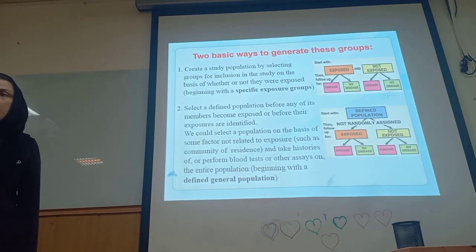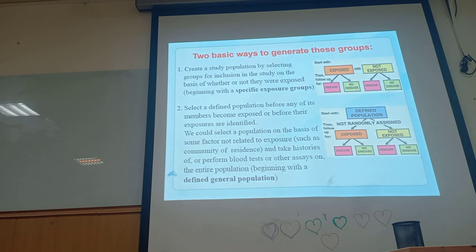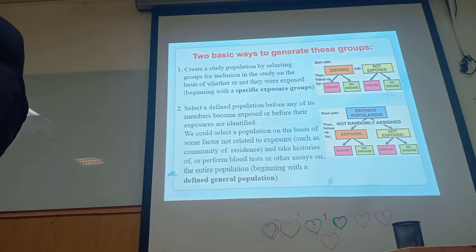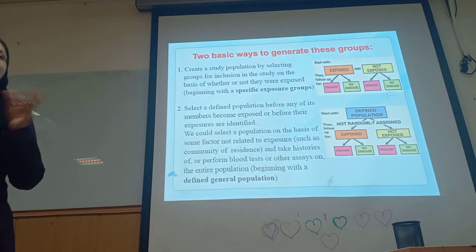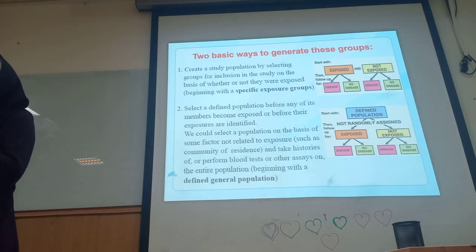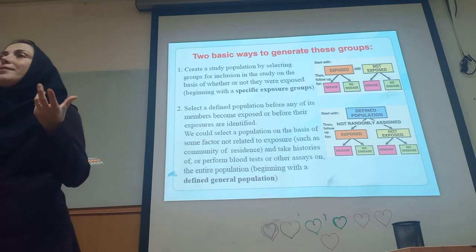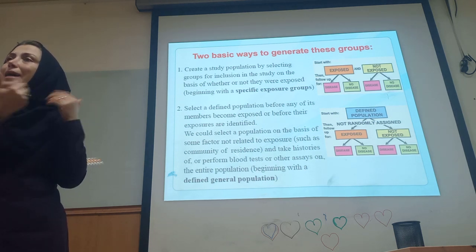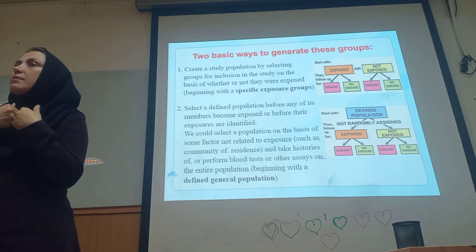We should find some exposed population. Have you ever been exposed to asbestosis? No. If I select, for example, 1,000 individuals from the community and ask them about the history of having exposure to asbestosis or not, I cannot find any exposed as much as I want.